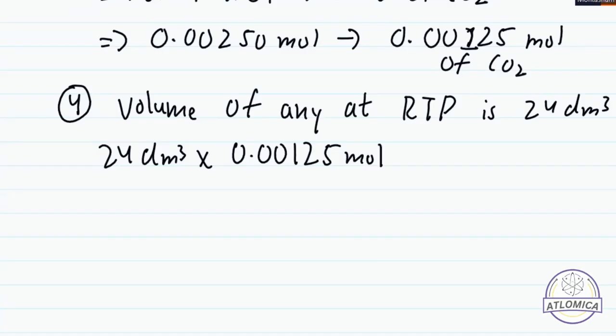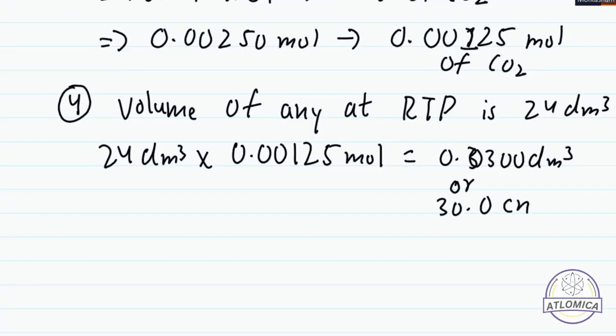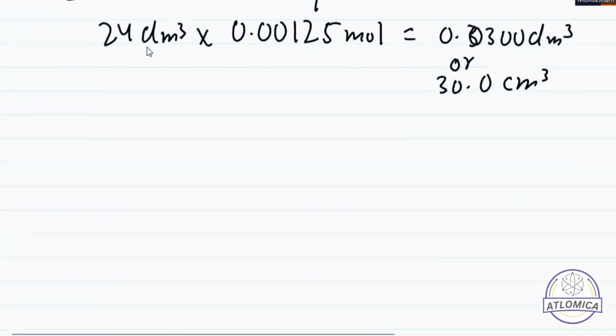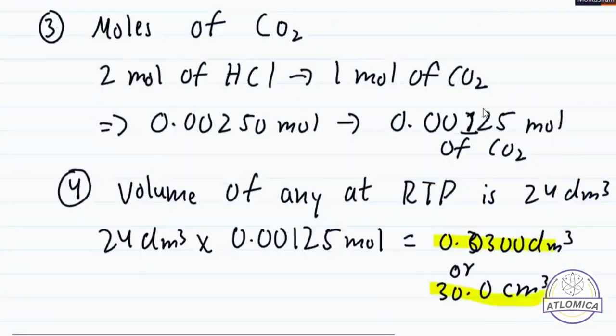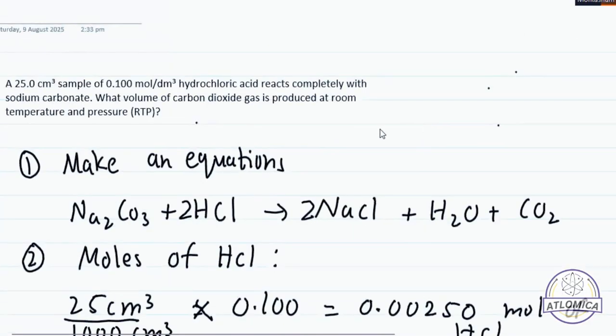The answer that we will have is going to be 0.0300 dm³, or we can write it as 30.0 cm³. So yes, the final volume of gas that was produced would be 30 cm³, or 0.0300 dm³. So our question was easily solved.